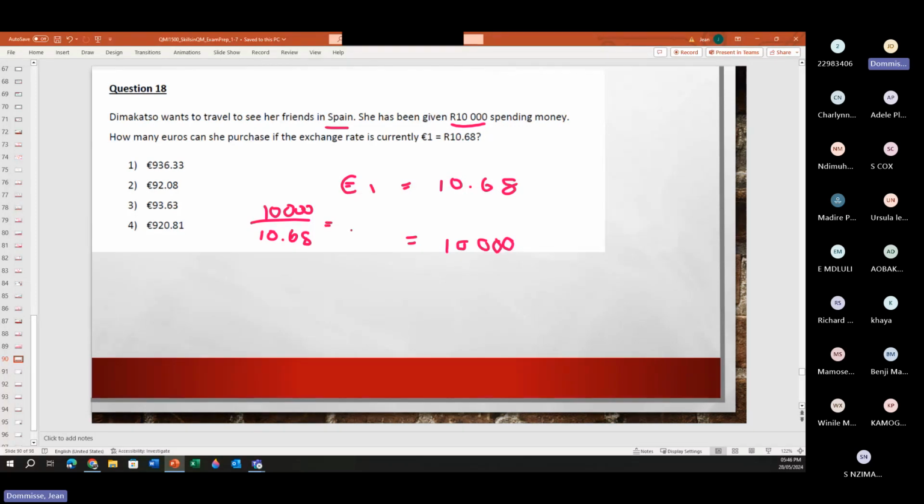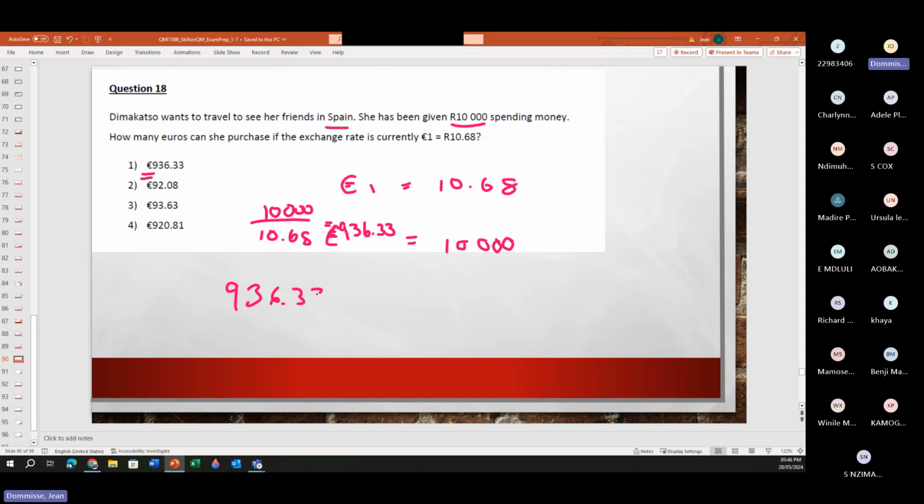And that gives us 936.33 euros, something like that. Okay, so 936.33 euros.